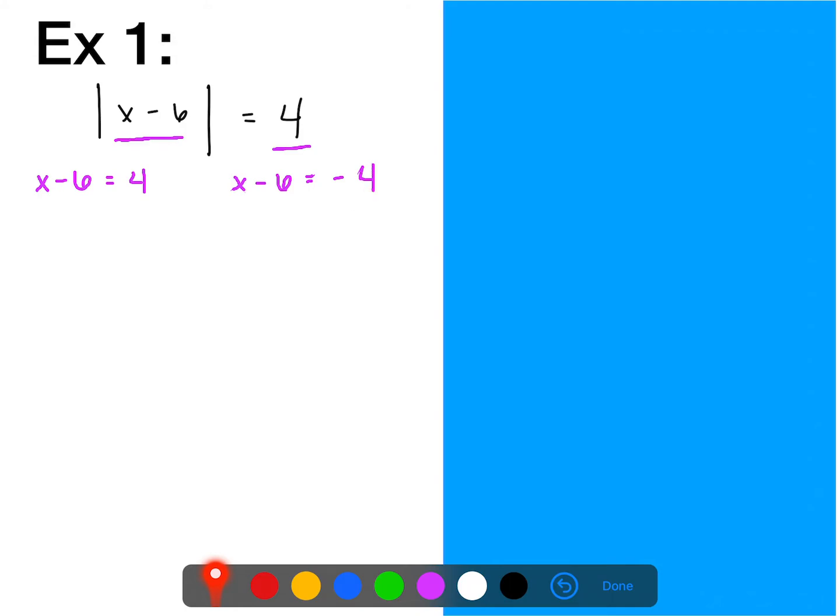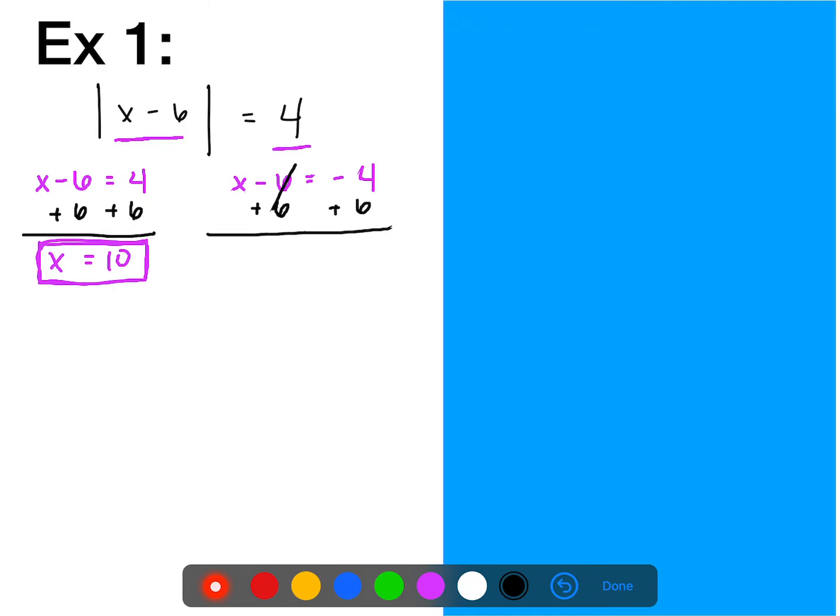And then at this point, you're really good at these equations, right? If I'm subtracting 6, I add 6 to both sides, and I end up with x equals 10 as one answer. And I'm going to add 6 to the other side, and I'm going to end up with x equals 2.